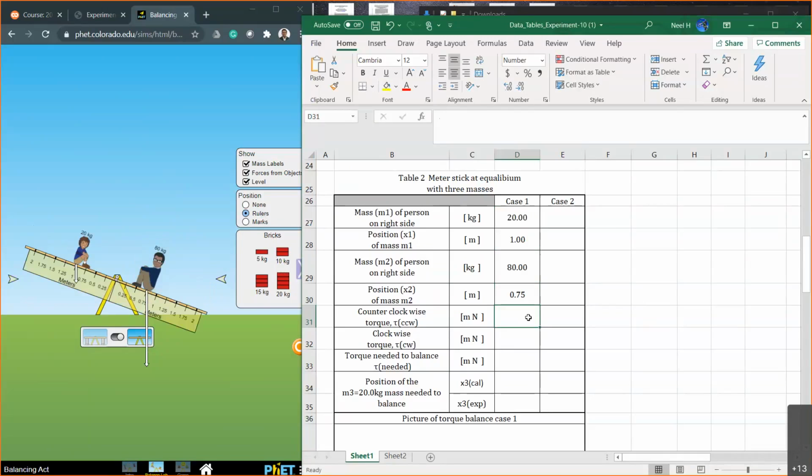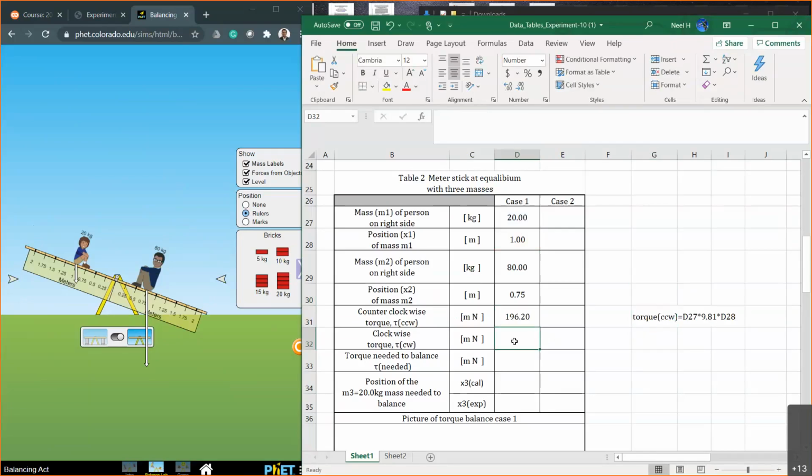The left hand side is person 1: mass times gravity 9.81 multiplied by the radius r. That's the equation we need to get the torque. I'm going to place it right here: the torque counterclockwise, torque CCW.